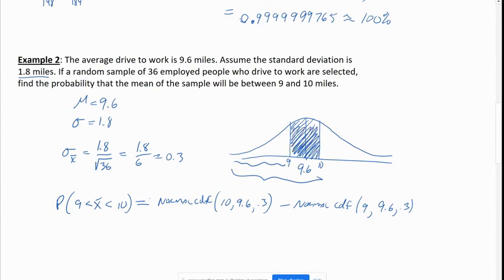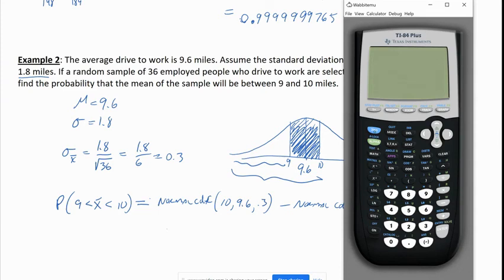Or on the calculator, you can actually say you want it to go from 9 to 10, and you could do that by going to second, distribute, normal CDF. For our lower, we can just say 9. For our upper, we can say 10, and then the mean is 9.6 and the standard deviation is 0.3.